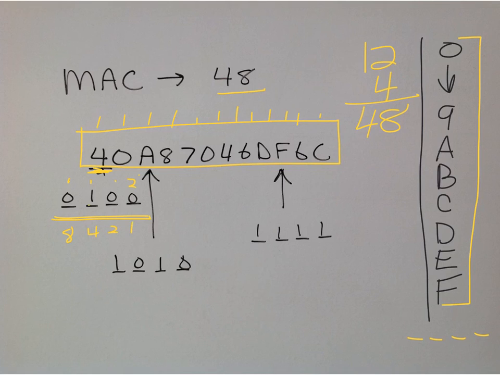So one group here would represent a 4. Now an A here is like a 10. So we have one group of 8, one group of 2. If you look back at our example here, that is a 15, so that would be one group of 8, 4, it'd be 12, 13, 14, 15.